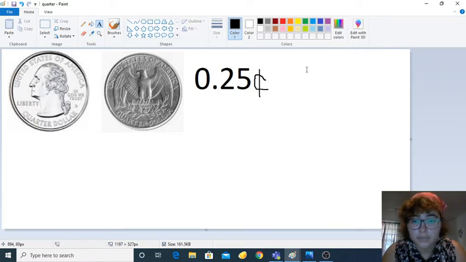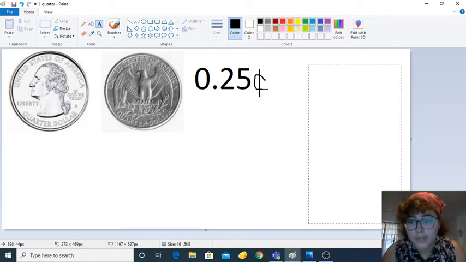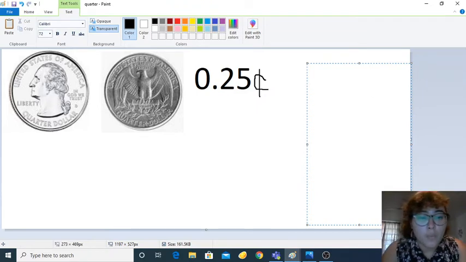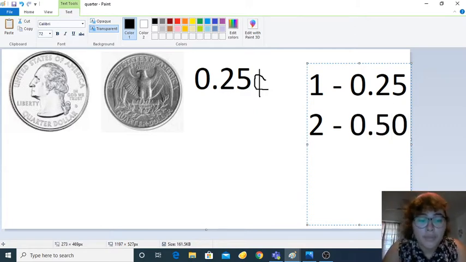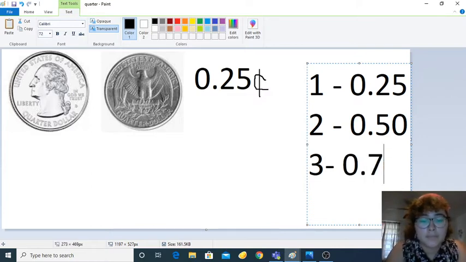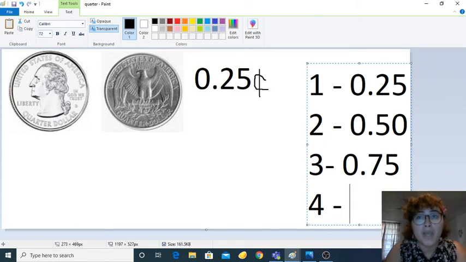I'm going to add this over here just so you guys can have it, okay? 1 quarter is 25 cents. 2 quarters is 50 cents. 3 quarters is 75 cents. And 4 quarters equals $1.